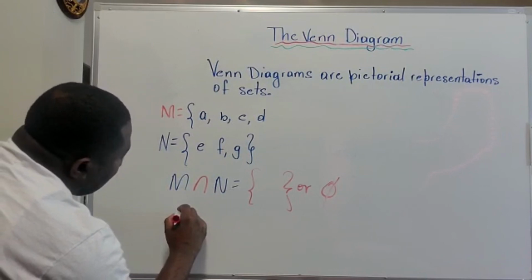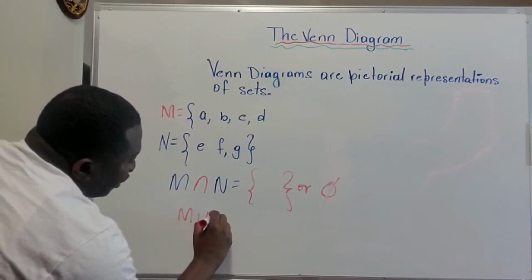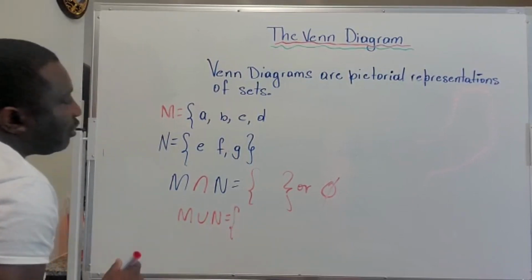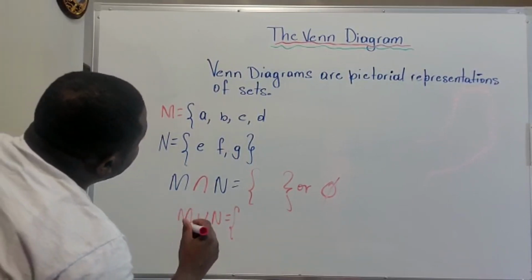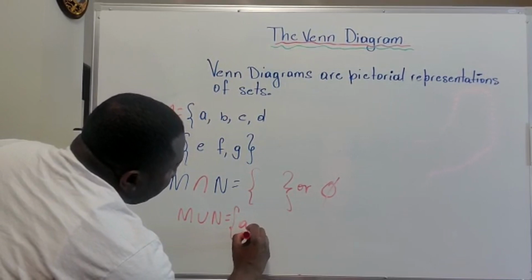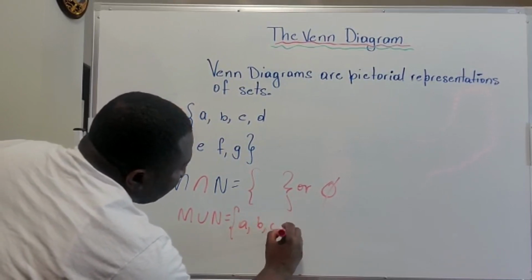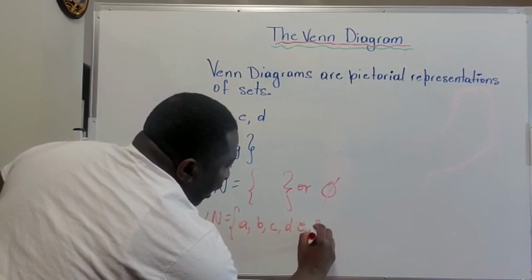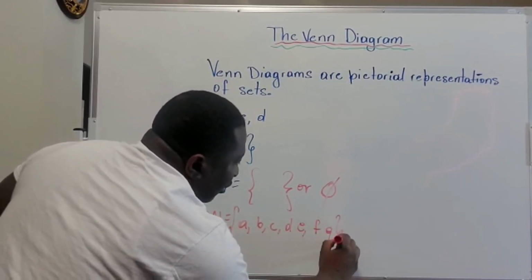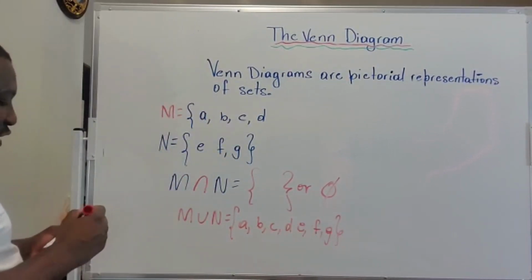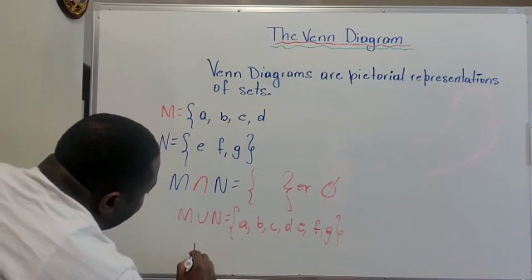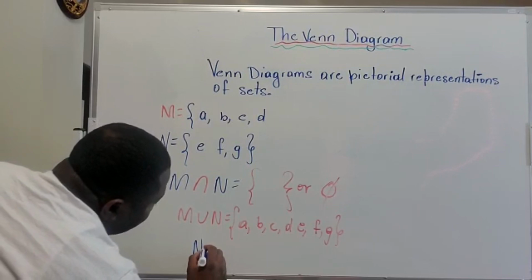But what about M union N? This we can find. We are looking at all the elements, which would be A, B, C, D, E, F, and G.